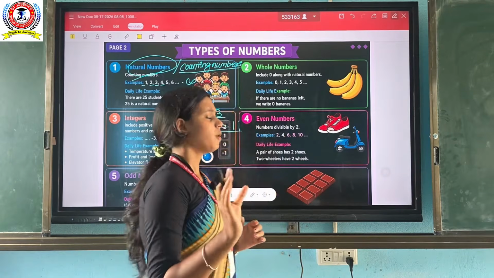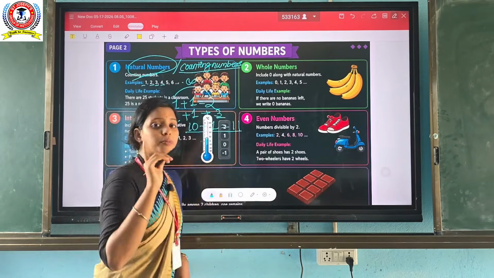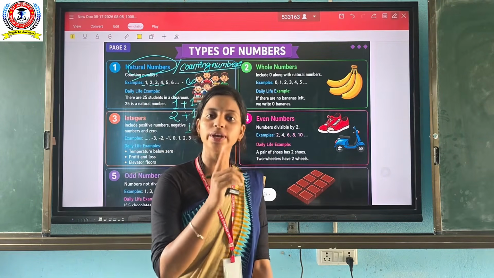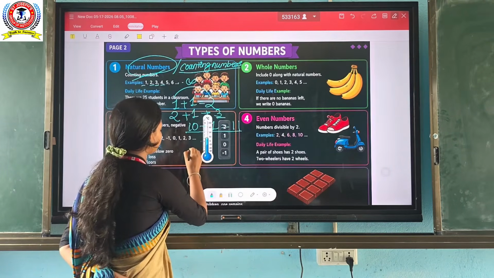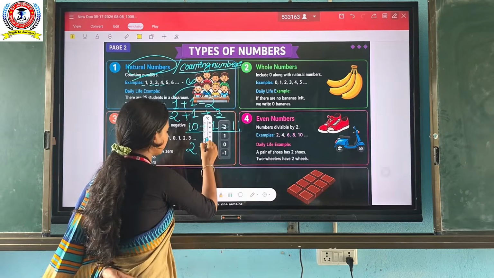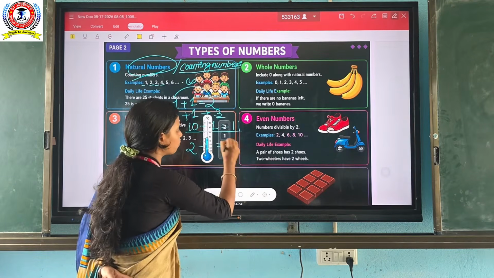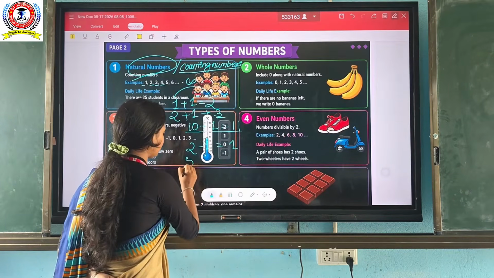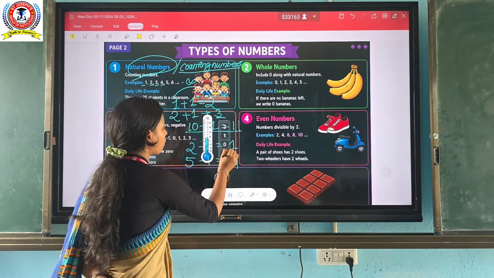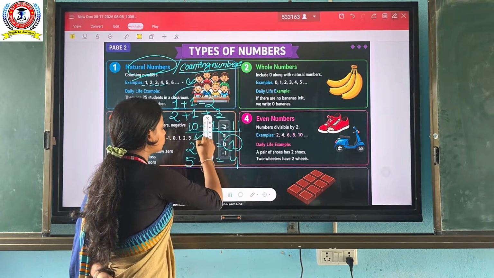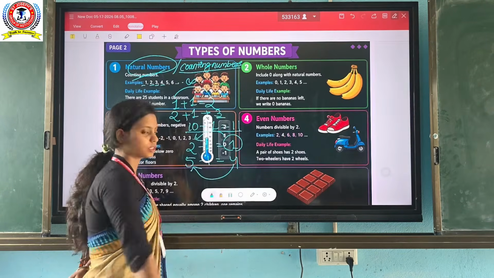Next, what is a predecessor? If we subtract 1 from any number, we get the predecessor of that number. If I subtract 1 from 2, we get 1. If I subtract 1 from 5, I get 4. So 1 is the predecessor of 2 and 4 is the predecessor of 5.